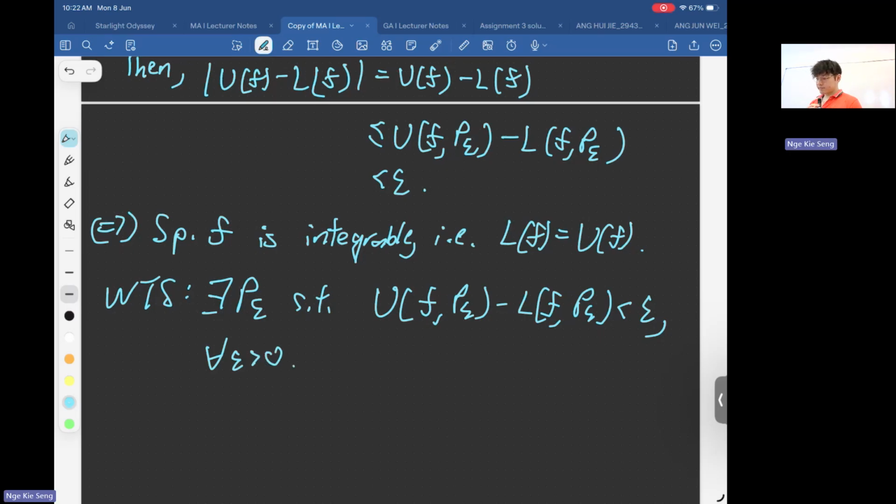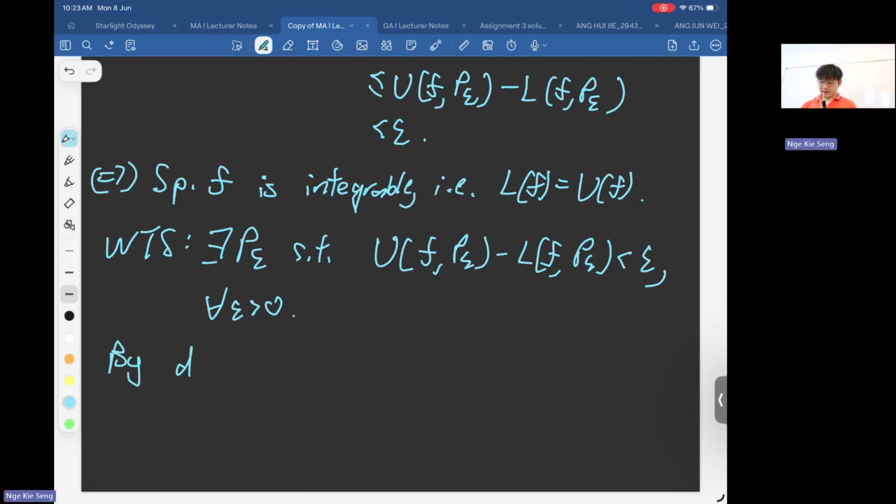Where can we get the P epsilon? Well, we know that f is integrable, so LF and UF exist. So maybe you can play around with LF and UF first.